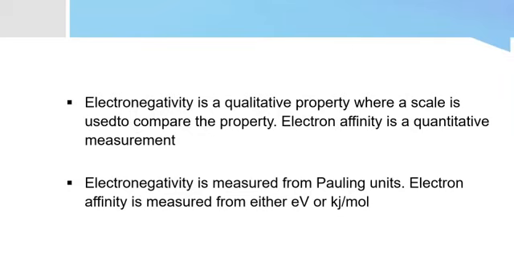For electronegativity, we don't write a unit here, but its units are Pauling units, while electron affinity is measured in energy units like electron volt or kilojoule per mole. So that is the difference between both of them. Although they follow the same trend, they are not the same thing.